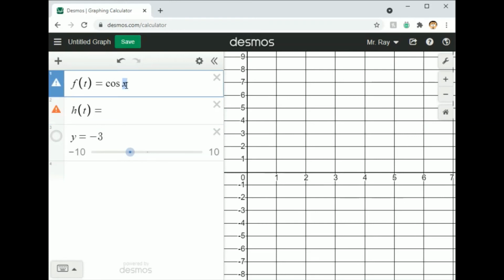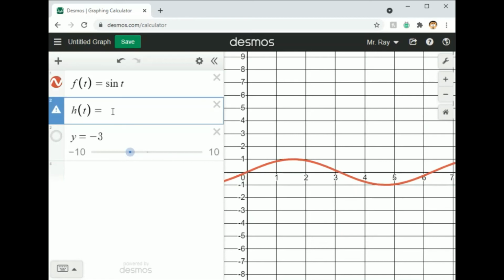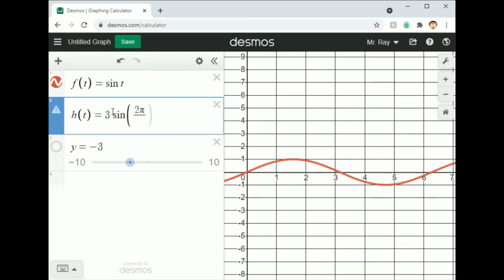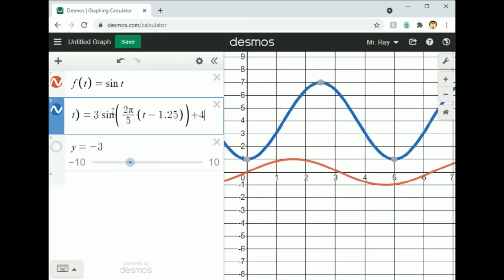Oops, we're using a sine function. h at t equals 3 sine, 2 pi over 5, bracket t minus 1.25 bracket, plus 4.5.